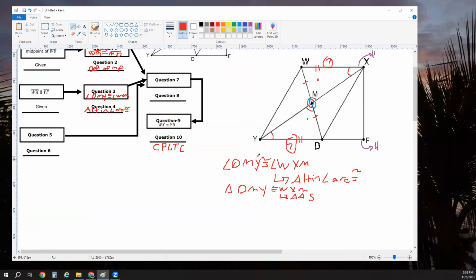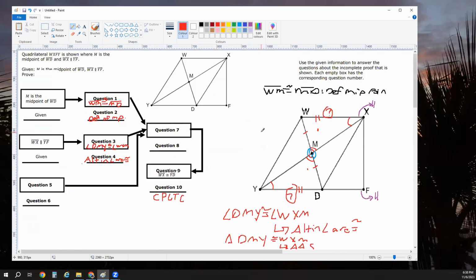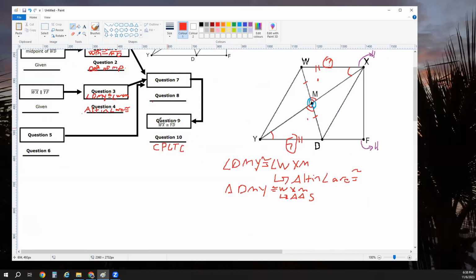Okay. What was this third one here? Because this is the angle side. This is these triangles here.